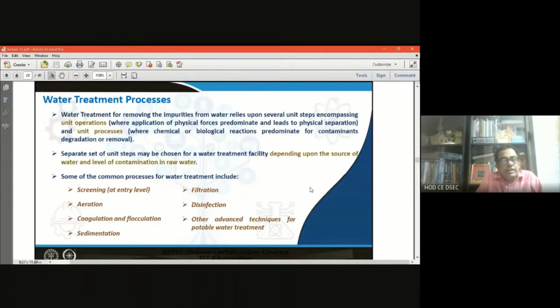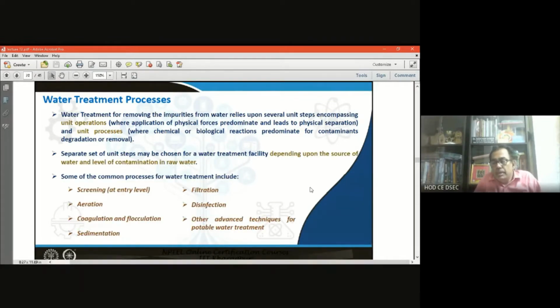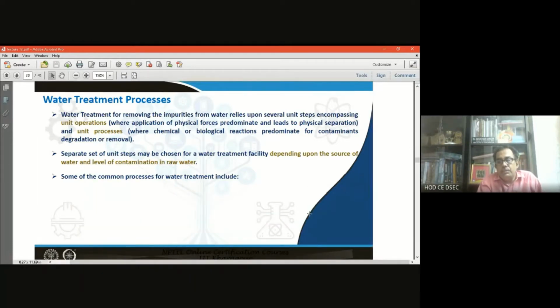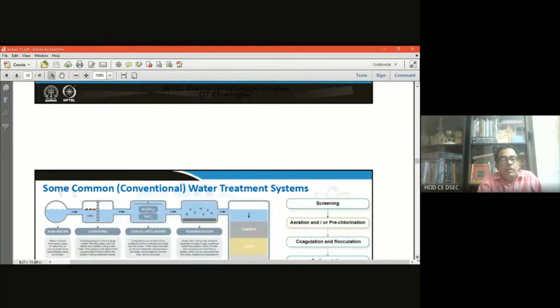Then aeration, then coagulation, flocculation, then sedimentation, then filtration, then disinfection, and finally, if there is any advanced technique for potable water treatment, and after that it will go to the water distribution for the end users. Now, I will elaborate all these things.